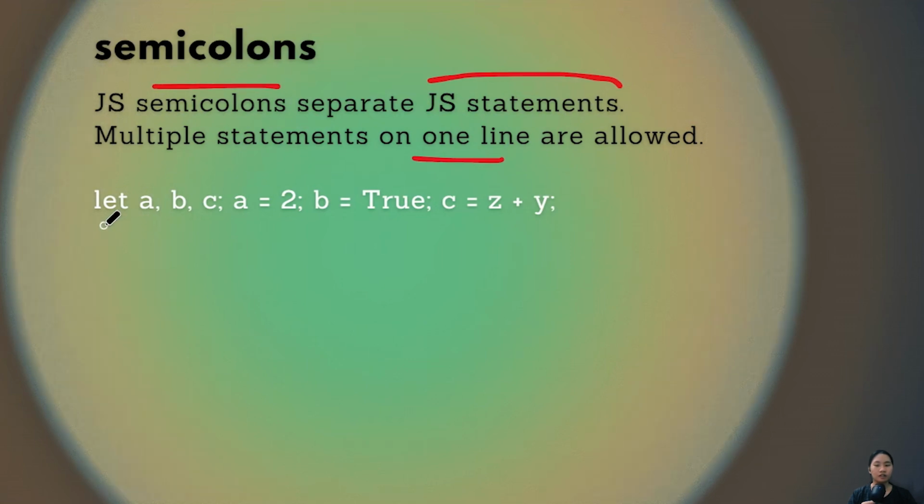Let a, b, c, so we're declaring a, b, c, and then assigning values to them. a equals 2, b equals true, and c equals z plus y. Now, just like in HTML you can miss a closing tag, in JavaScript you can miss a semicolon as well.